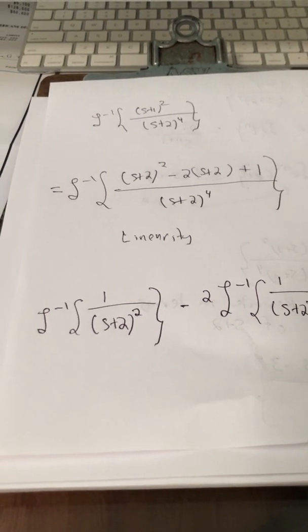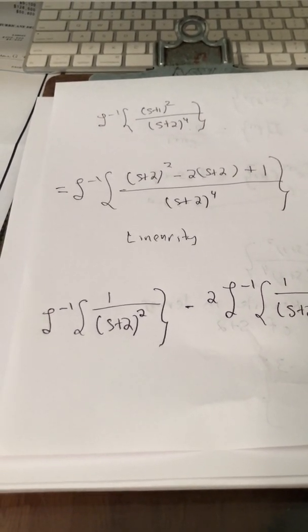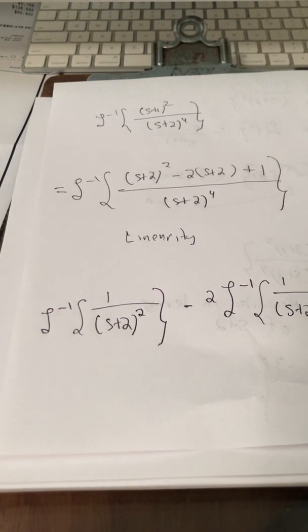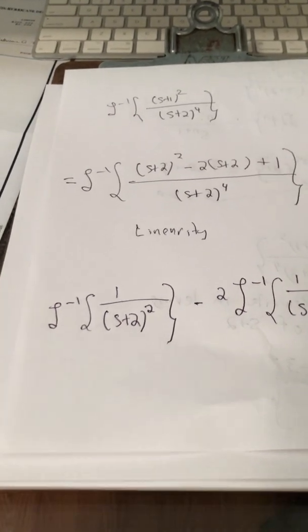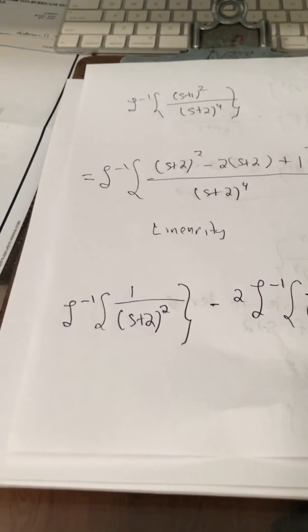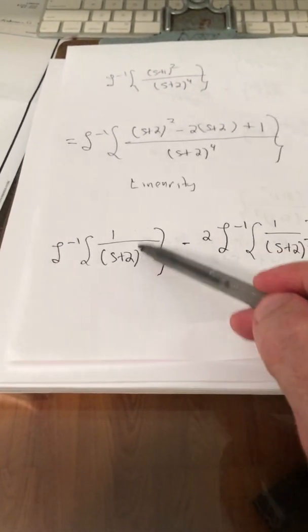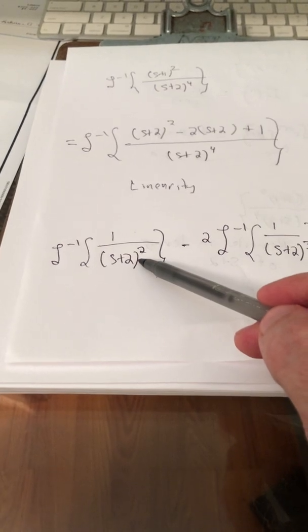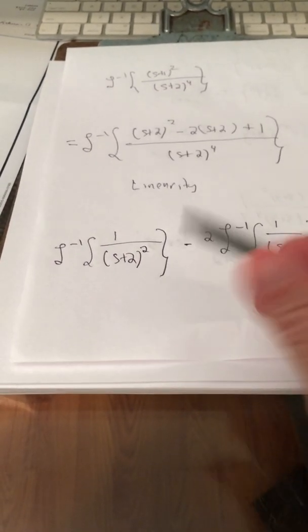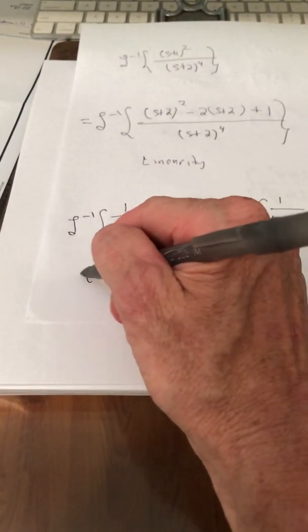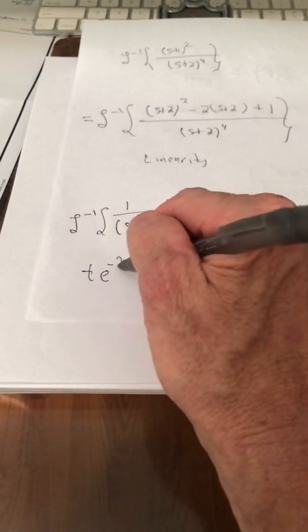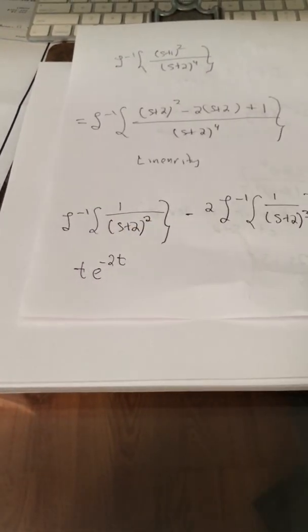So what we're going to need to do is multiply by e to the negative 2t. So the inverse Laplace of 1 over s squared is t. So we're going to have t e to the negative 2t for this first term.